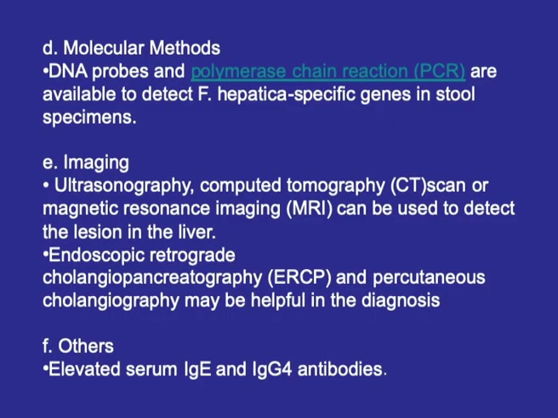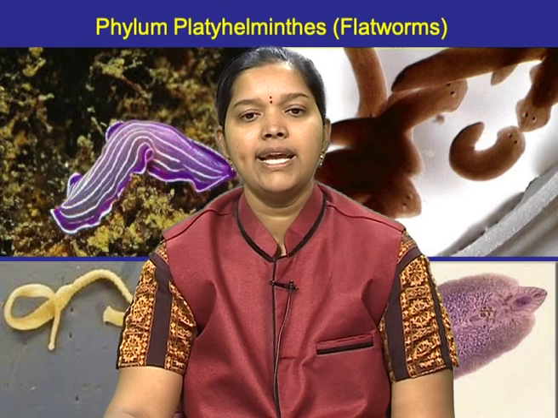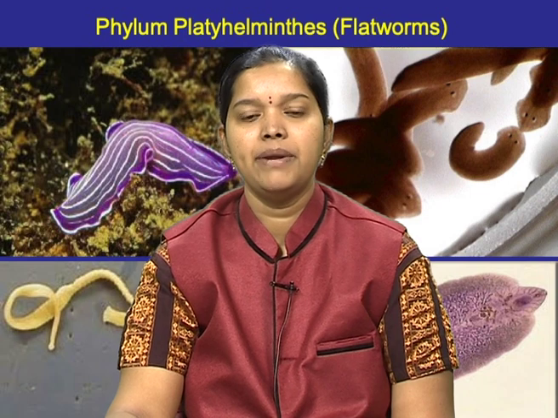And next is imaging, where using CT scan, MRI or ERCP we can also detect it. And we can also use IgE and IgG antibodies to detect this particular worm. The treatment includes triclabendazole, bithionol and prednisolone.